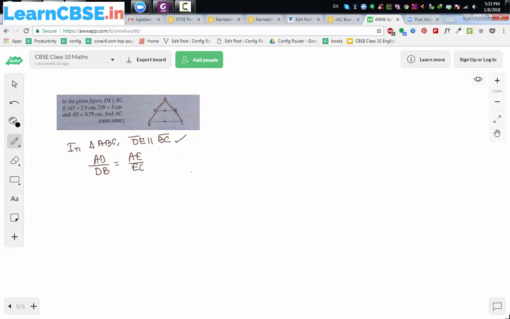That's by Thales theorem, so we should write it either as by Thales theorem or by BPT theorem. Now let's write down the values: AD is 2.5 by DB, that is 3, equals AE, that is 3.75, divided by EC.